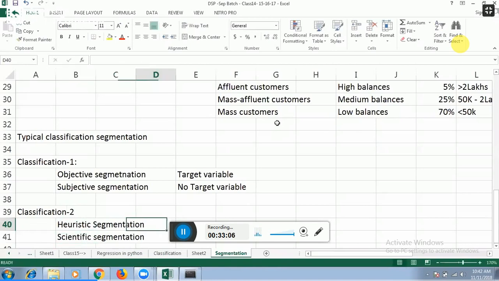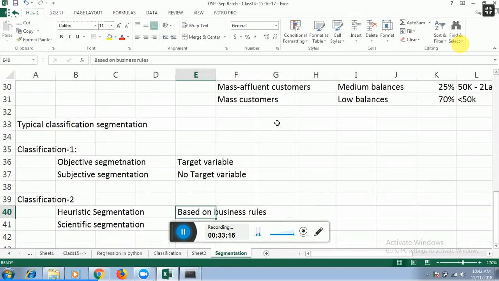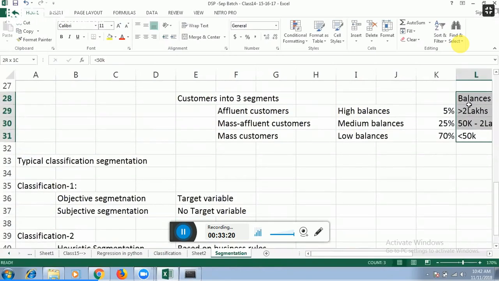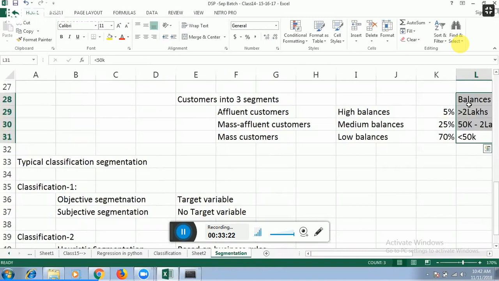What does that mean? Heuristic means based on business rules. Based on business rules, you will segment the customers, for example, based on balances.